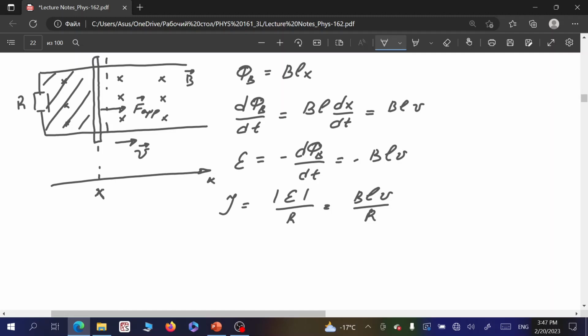There are several options to change the magnetic field flux. It's time-dependent magnetic field, time-dependent area, and time-dependent orientation of the current loop with respect to the external magnetic field. So we also considered several applications of this induced electromotive force and current.